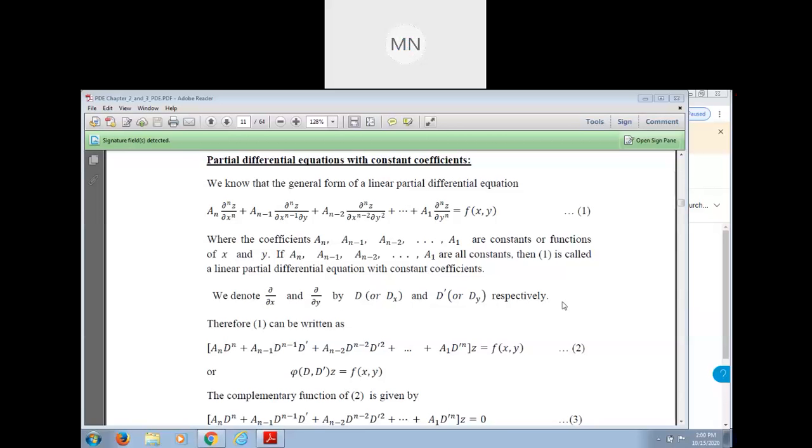And p is what? It is not a dependent variable; it is the derivative of z. Only three variables are there: x, y, z. x and y are independent and z is dependent. And p and q are derivatives of z.